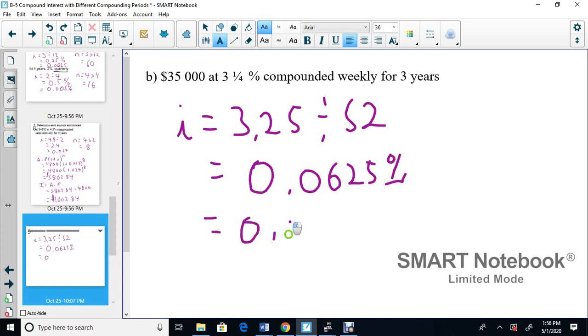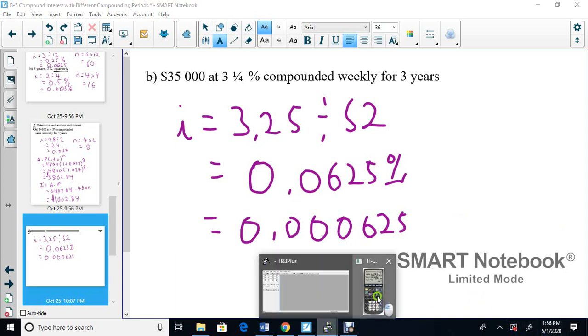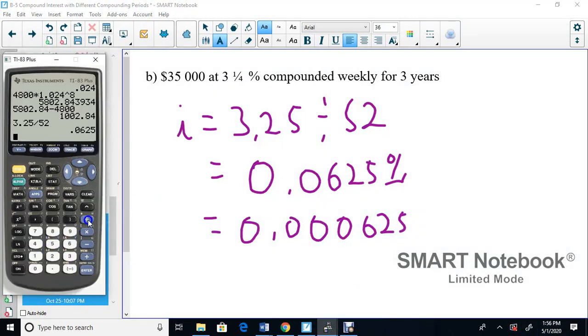So 0.000625. Let's see if I got that right. I'm just going to put in the calculator. Sometimes I don't get the right amount of zeros in here. Divided by 100. I can't see what that is, so I'm just going to go plus 1. See, I get the 6.25e. I'm just going to add 1 into my head, then remove the 1. There's 1, 2, 3 zeros. Okay.